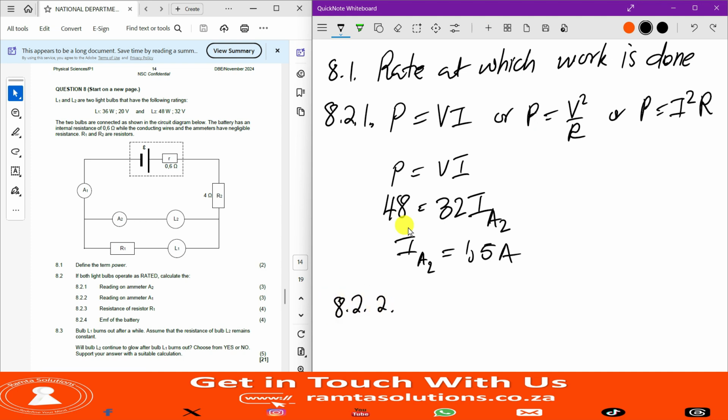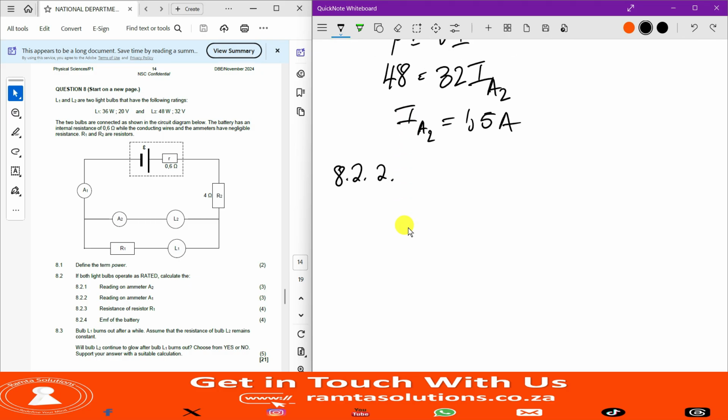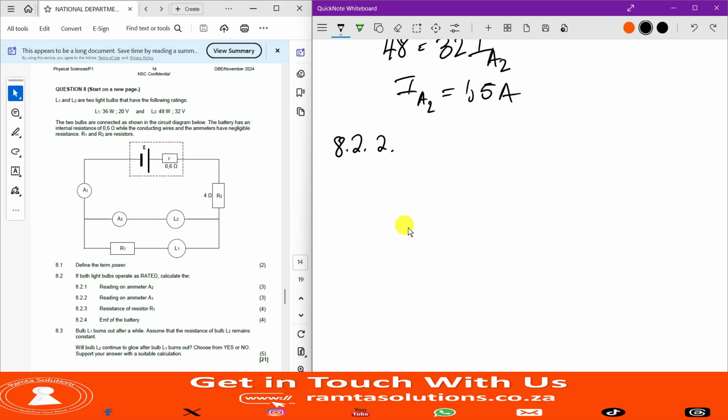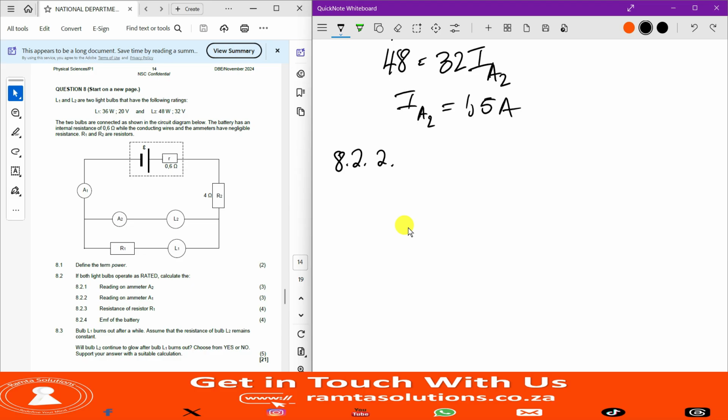8.2.2. We are on the 4th minute now, 4 of 21. Calculate the reading on ammeter A1. To find the reading on ammeter A1, the current on this terminal and the current on this terminal together are the current on ammeter A1.